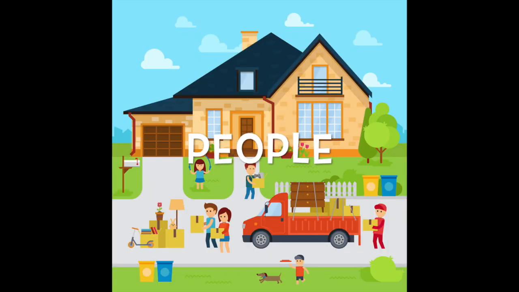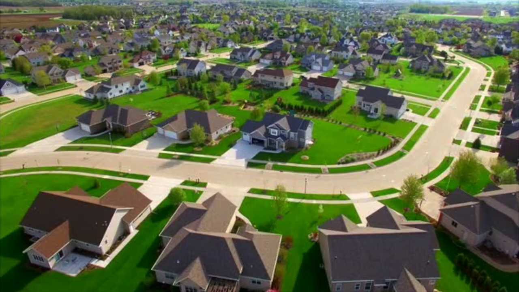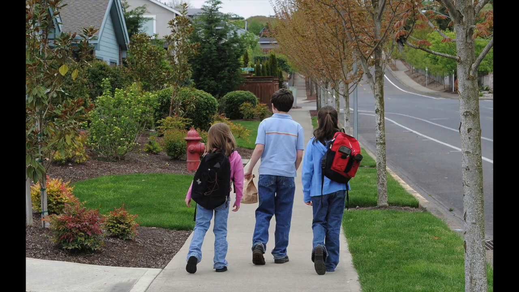People. People in suburban communities often commute and work in the city. There are many people. Some live close together, some live far apart, but most live in neighborhoods. There are not as many people as an urban community, and there are more than a rural community. Kids who live in suburban communities go to schools that are close to their homes.